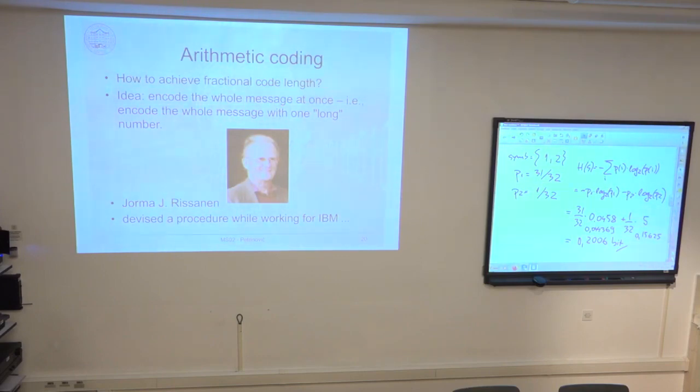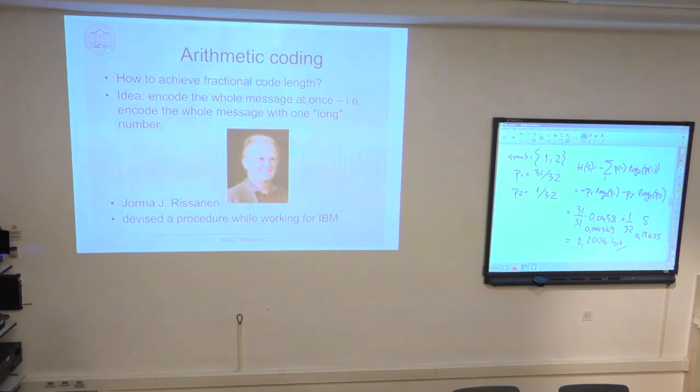When you have a message, and some of the symbols occur very seldom with very small probability, and only a few symbols have probability much larger than that, what he decided was, why not encode the whole message at once, not symbol per symbol, but as one entity, as one long number in particular.